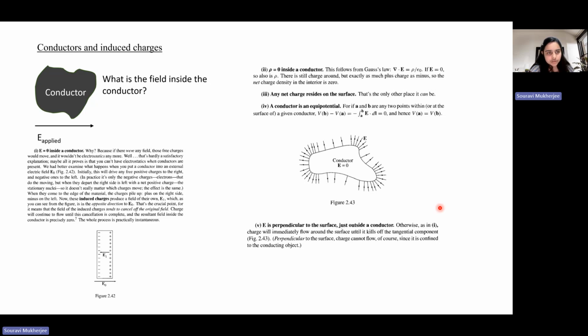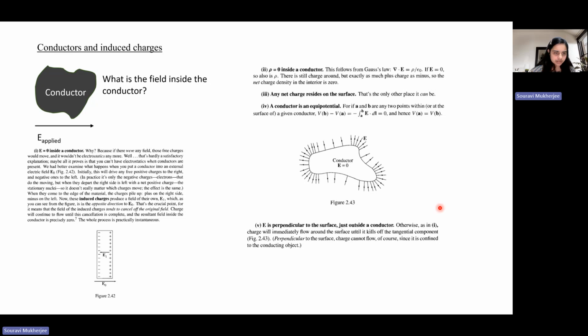Because in a conductor you have many free charges, one can understand that if you have an applied field, the free charges inside the conductor will experience forces and try to redistribute. What was interesting is that this redistribution happened quite instantaneously.